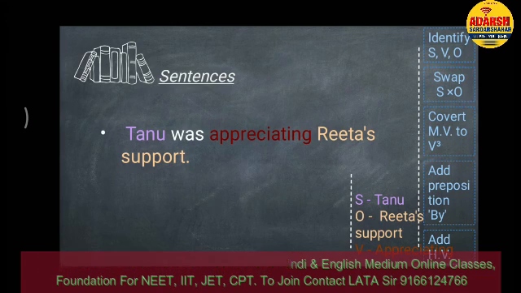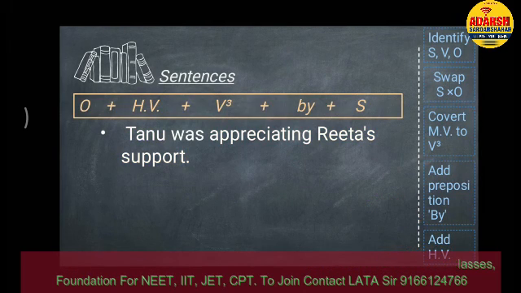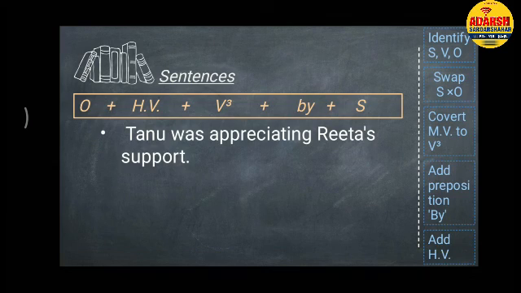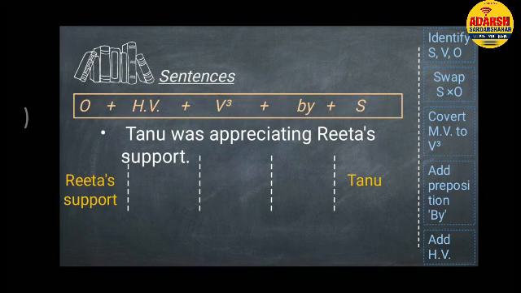Now let's go towards the second step. Before going on, let us write our formula of passive, which is object plus helping verb plus verb's third form plus by plus subject. This is the formula of passive, while the active formula is subject plus helping verb plus main verb plus object. Now let's go towards our second step, which is swap subject to object and object to subject.